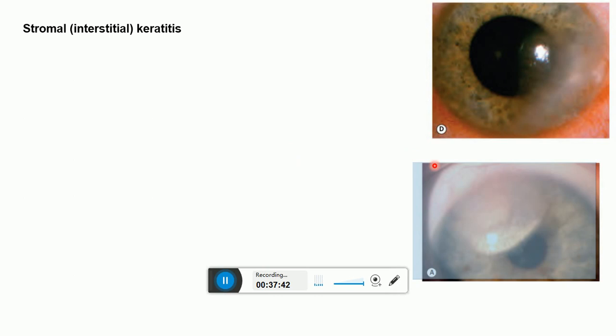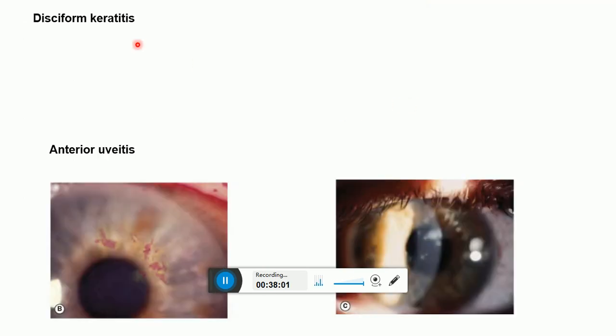Stromal interstitial keratitis develops in about 5% three weeks after onset of the rash. Significant scarring can occur. It usually responds to topical steroids, but can become chronic and require slow tapering. Disciform keratitis, an immune-mediated endothelitis, is less common than with herpes and may lead to corneal decompensation. Treatment is with topical steroids.